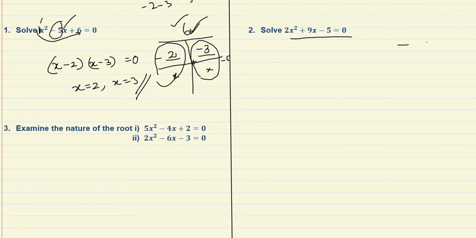Okay, now I am putting down this tree diagram. 2 into minus 5, which will be minus 10, and I'm going to find the two numbers whose product is minus 10 and on adding give 9.